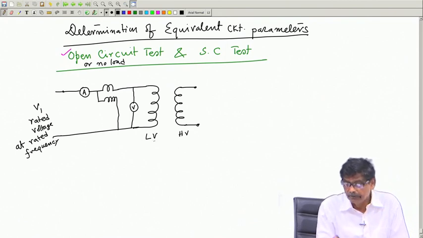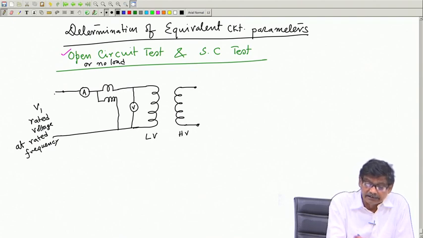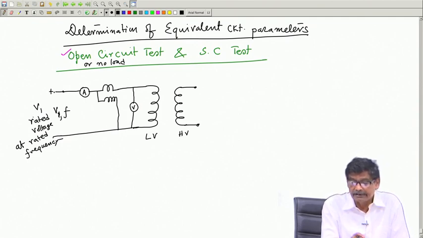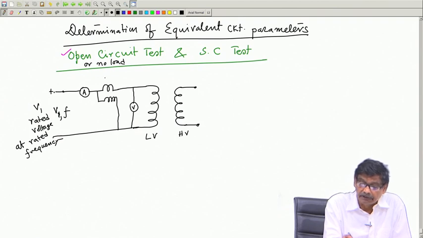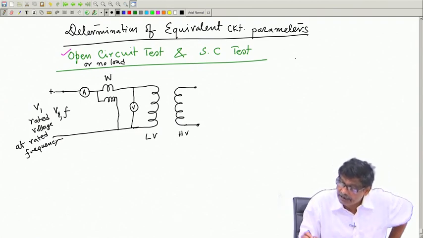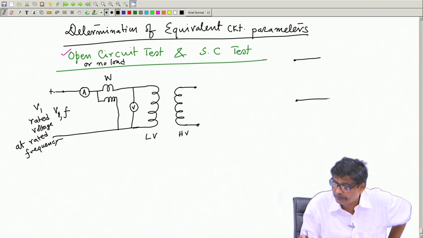So, the LV side I will energize with voltage V1 at rated frequency f, and connect an ammeter and wattmeter. Keep in mind this is the approximate equivalent circuit I will refer to.